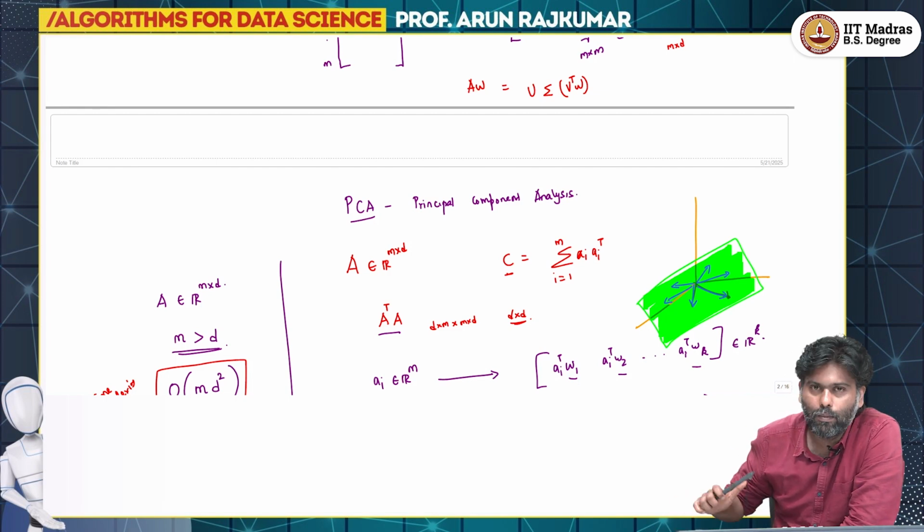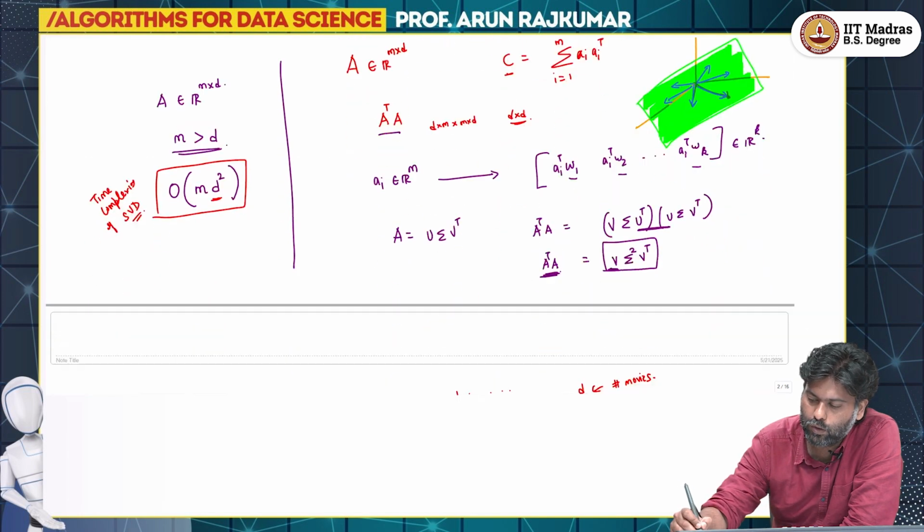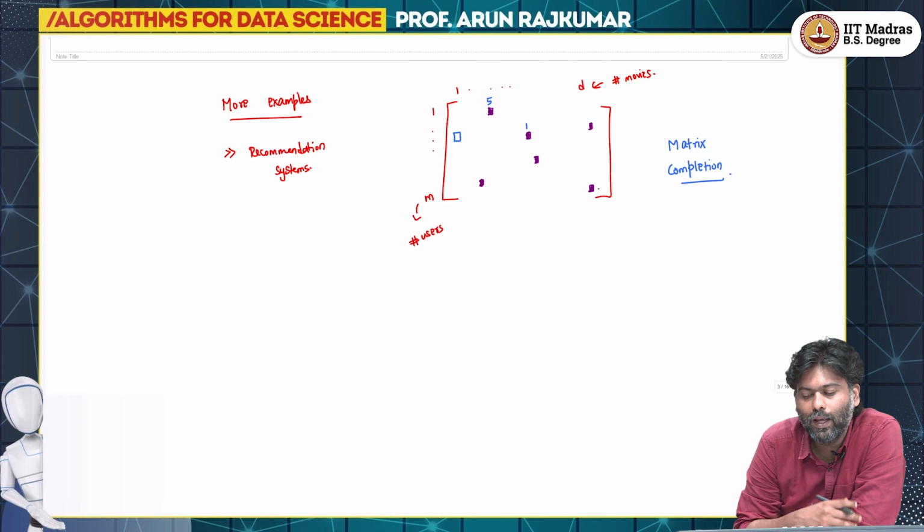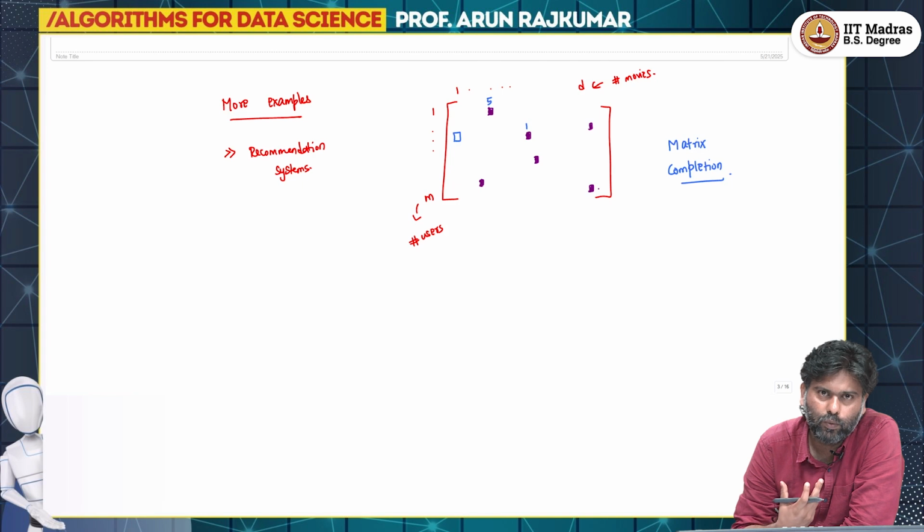Now the same assumption also is useful in dealing with the recommendation systems problem, right? Why is that? Because of course there are too many users and too many movies, but when a user rates a movie, how is this user really going to rate this movie? So what aspects of the movie is the user going to really look at to rate the movie?